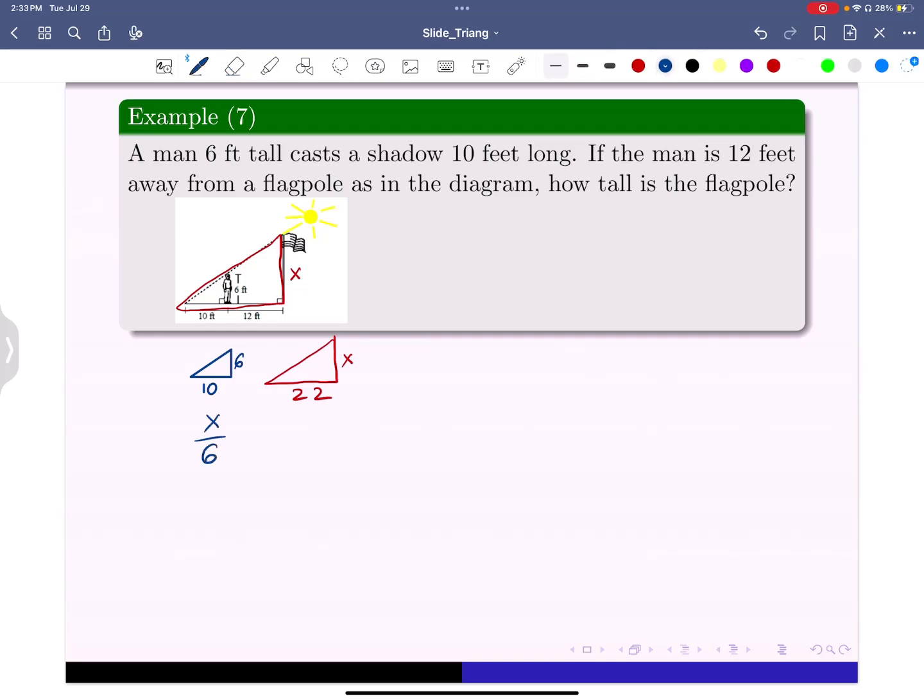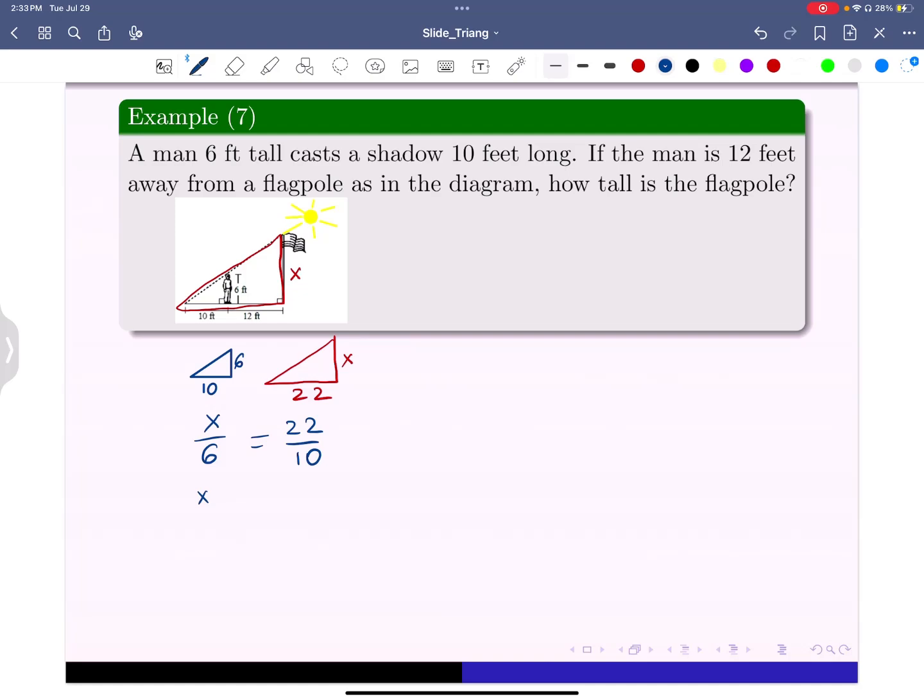So we have X divided by 6 must be equal to 22 divided by 10. And then the easiest way to use proportion: X times 10 would be equal to 6 times 22.